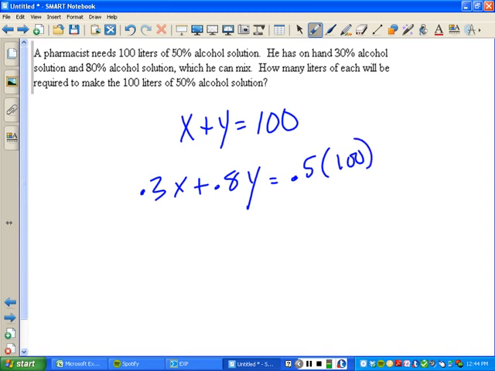Why? Because the final mixture is 50% of 100. Okay. How do I get rid of the decimals? Multiply by 10.